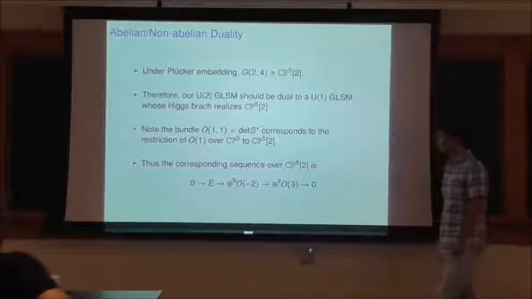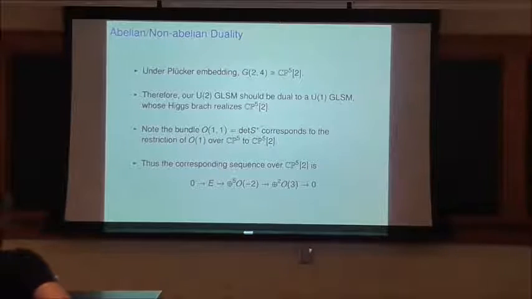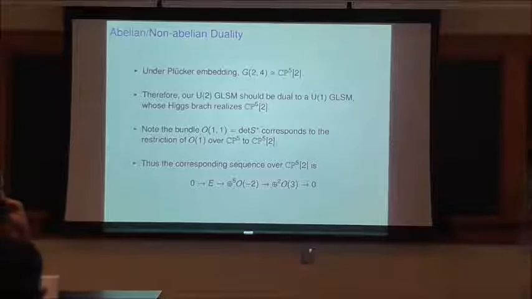So instead of O(-2) plus O(-2), you have O(-2) and O(3). And you have the same degree 5 polynomial exactly over there because the Bij's are homogeneous coordinates on CP5. So you have a non-abelian gauge theory describing a geometry and an abelian gauge theory describing the same geometry.